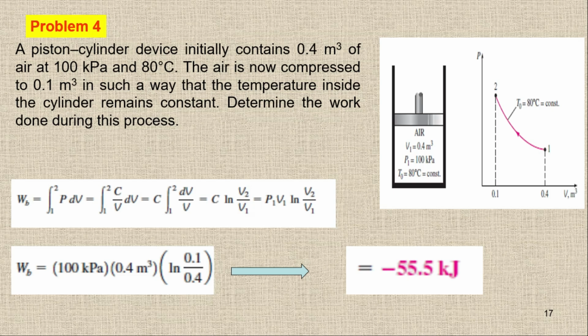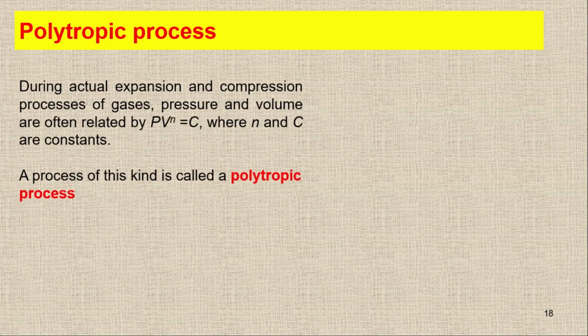So this is an isothermal process. It is not necessary that the processes are constant volume, constant temperature, or constant pressure. Rather, in real life or during actual expansion or compression processes of gases, the pressure and the volume are often related by PV^n equal to a constant value, where n and c are constants.